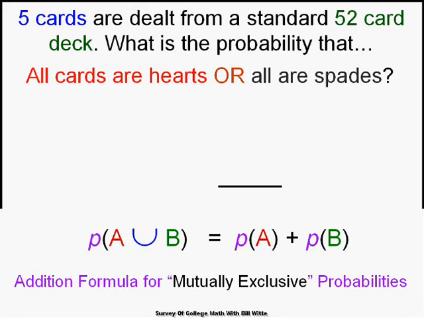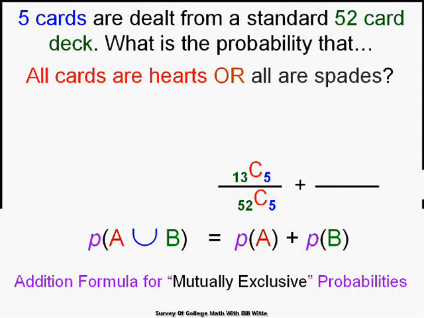So we'll have the probability that all the cards are hearts. Let's see, how many ways can that happen? A combination of the 13 hearts taken 5 at a time for this hand over your typical 5-card hand combination, over your sample space, 52 cards taken 5 at a time. So there's your probability that your 5 cards are going to have all hearts.